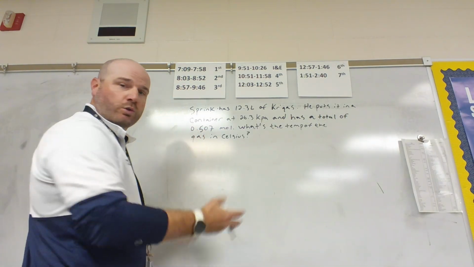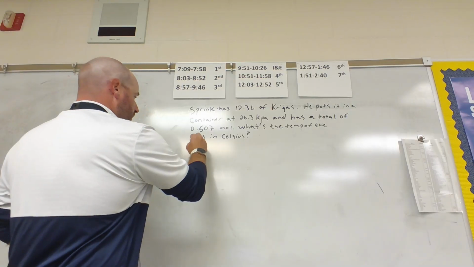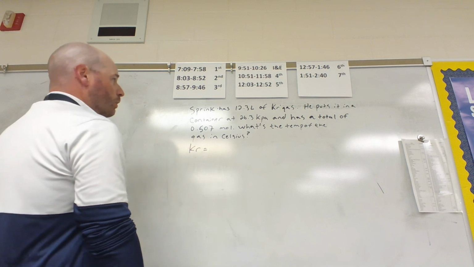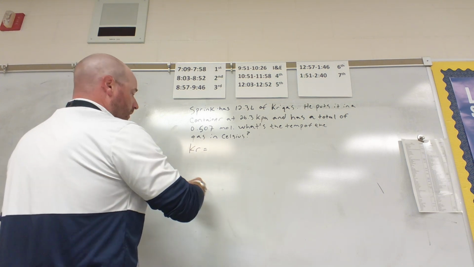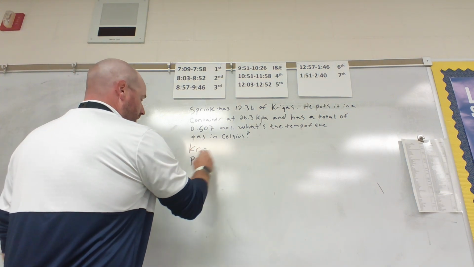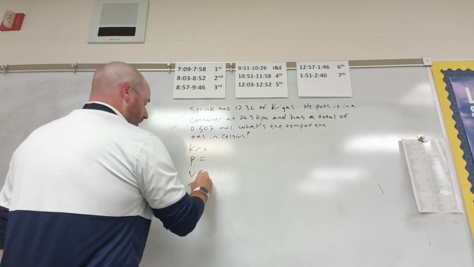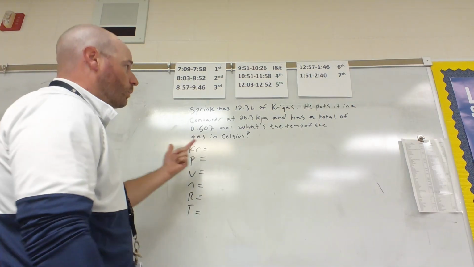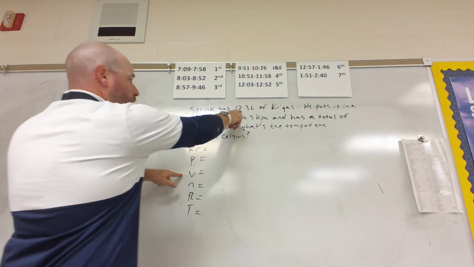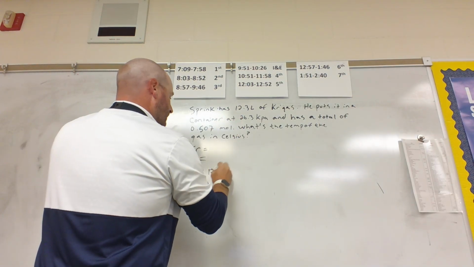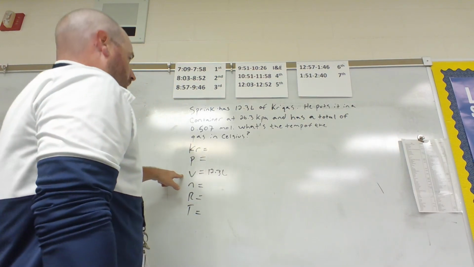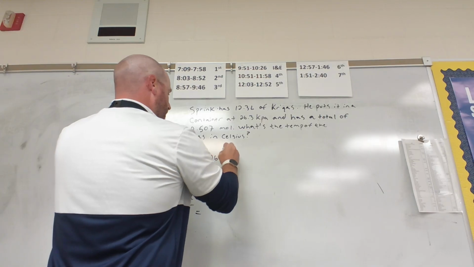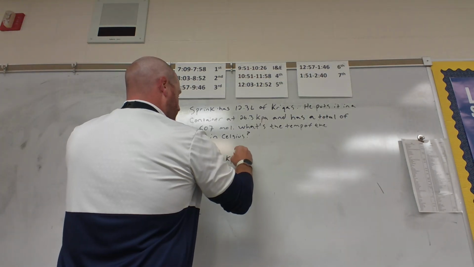So let's go ahead and create our variables on our left side here, krypton first. All right, and then we'll put our formula variables here: P, V, N, R, and T. Let's start filling stuff in. My volume is 12.3 liters. My pressure here is 26.3 kilopascals.